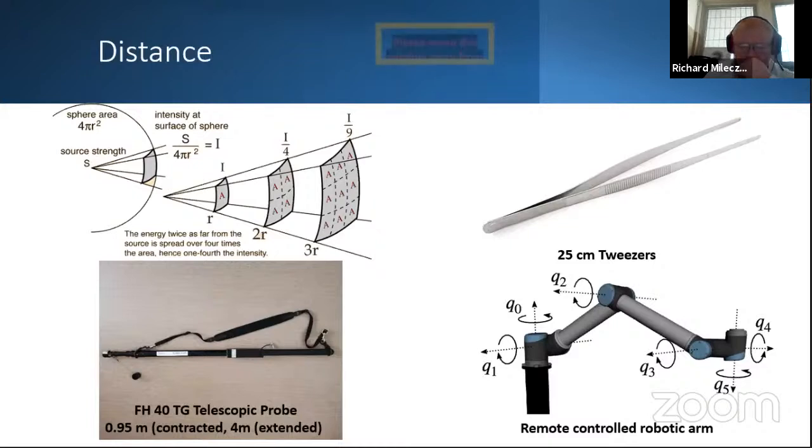When it comes to measuring, we can use detectors that are attached to an end of a rod, which can be telescopic or a simple rod, or we can use something with a long cable, for example. If we try to manipulate it, then it can be something as simple as a tweezer or some long-reaching manipulator or things like that. You can also come up with some remote-controlled device. However, these generally require electronics, and electricity and ionizing radiation not always play nice together.